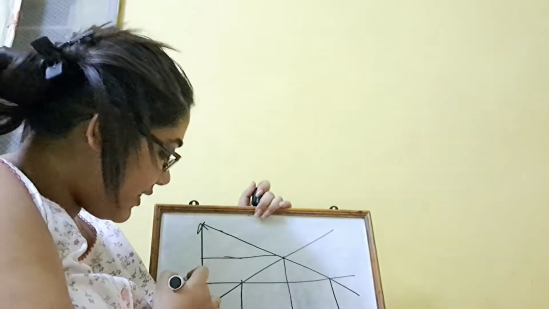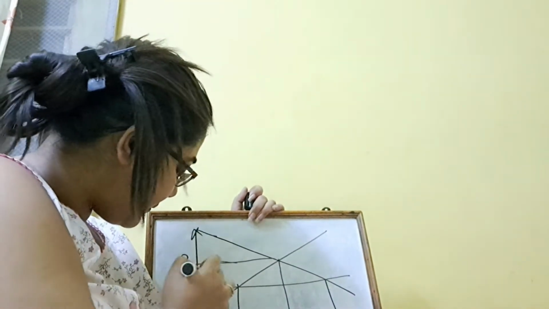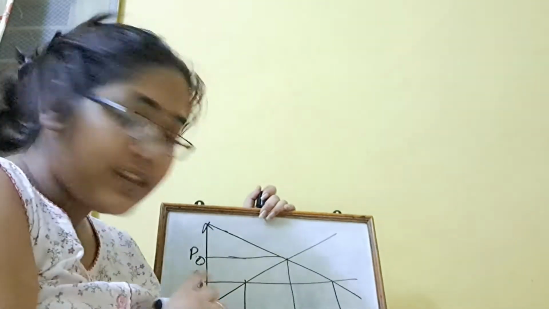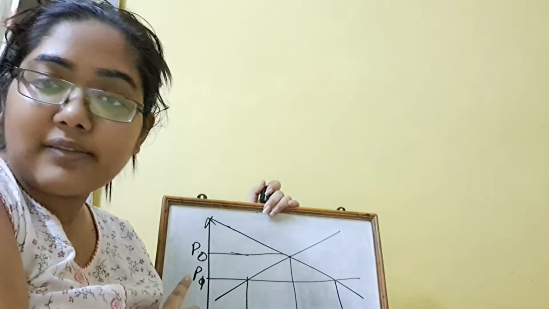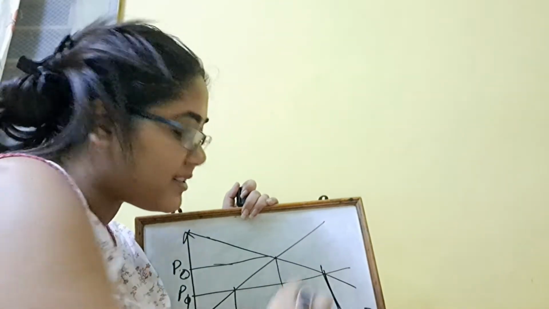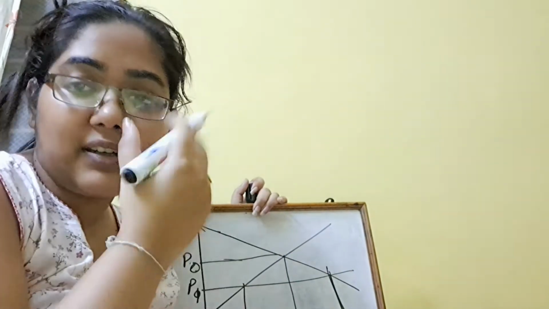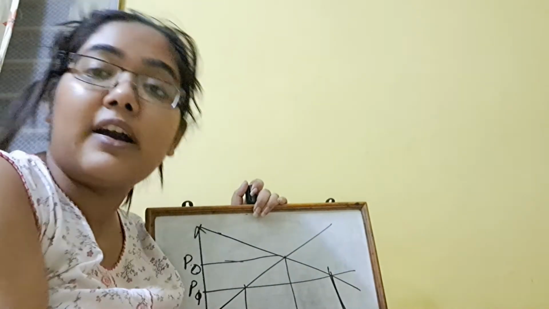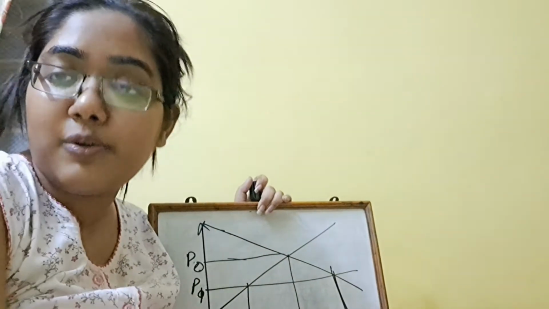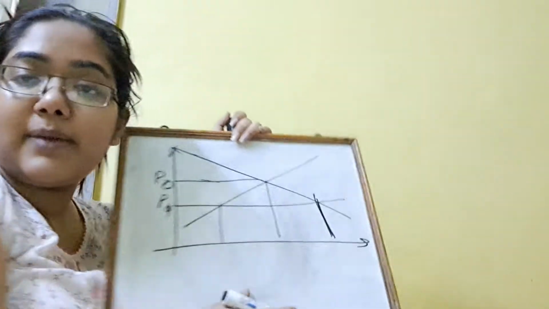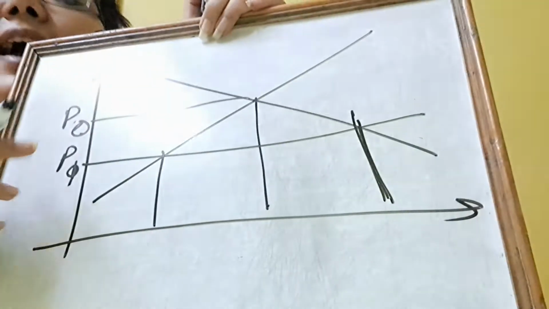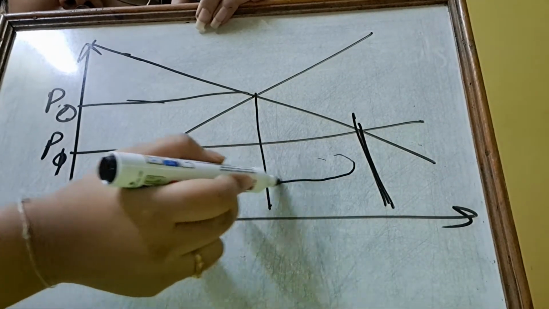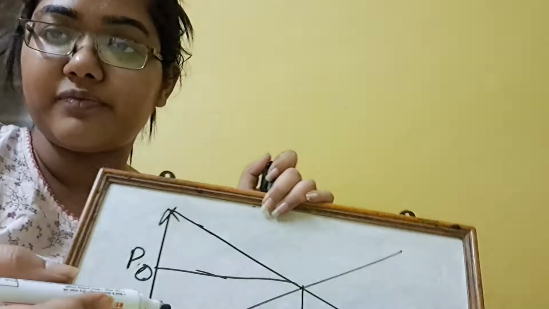That is when the price has decreased to P1, the demand has increased because at a lower price the buyers want to buy more of the commodity, or the buyers who were earlier not able to buy the commodity will want to buy it. So the demand has increased, right, and the supply has decreased. So here we have a shortage.